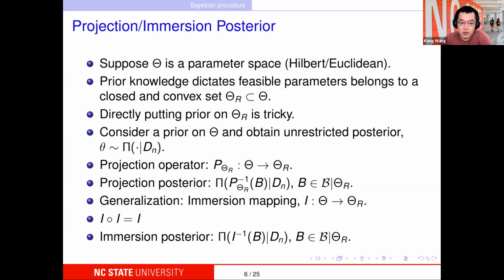Thus, we first sample from the unconstrained posterior and convert the samples to the constrained parameter space. This gives the induced posterior, and thus the induced projection posterior. Our inference is based on the projection posterior samples in practice.